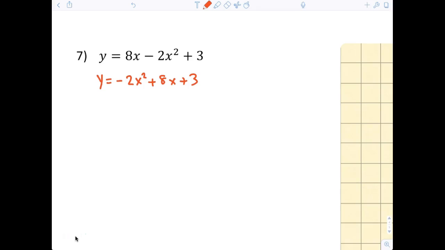Because right here, what is the x squared? That's negative 2x squared. Do you agree with that? That's why it's negative 2x squared here. Agree? And then plus 8x plus 3.